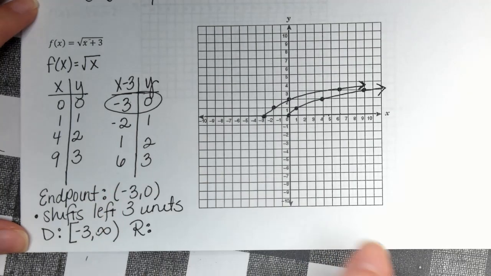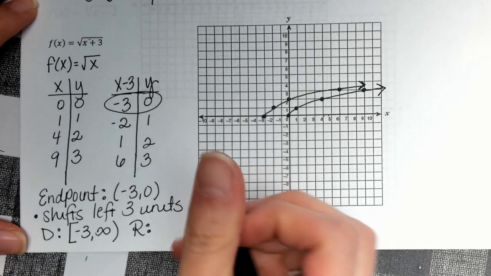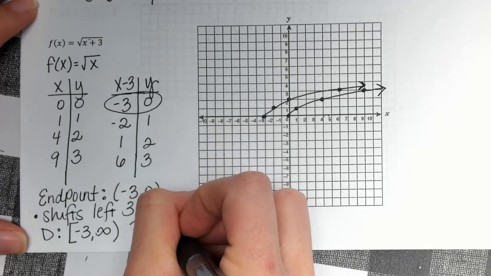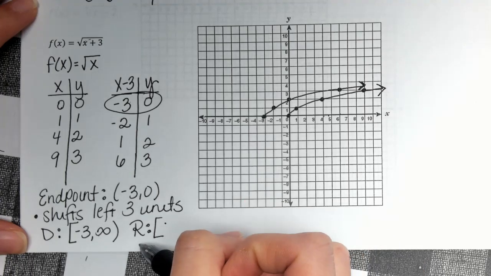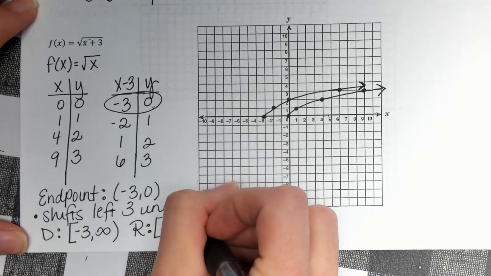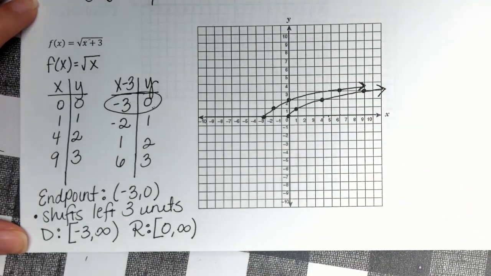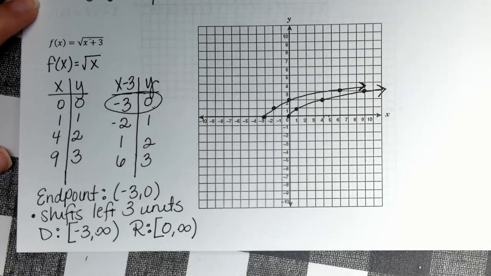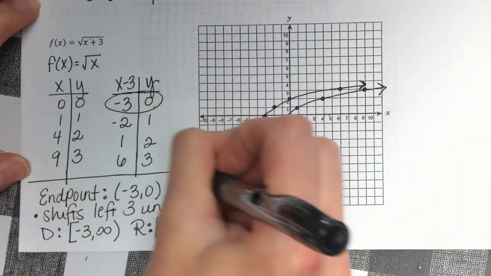For my range, where is it going? From where? Okay, so remember your range is your y. So you're going to use your y value, 0 to positive infinity, because it's going to go forever upwards. Okay, are y'all good with that?